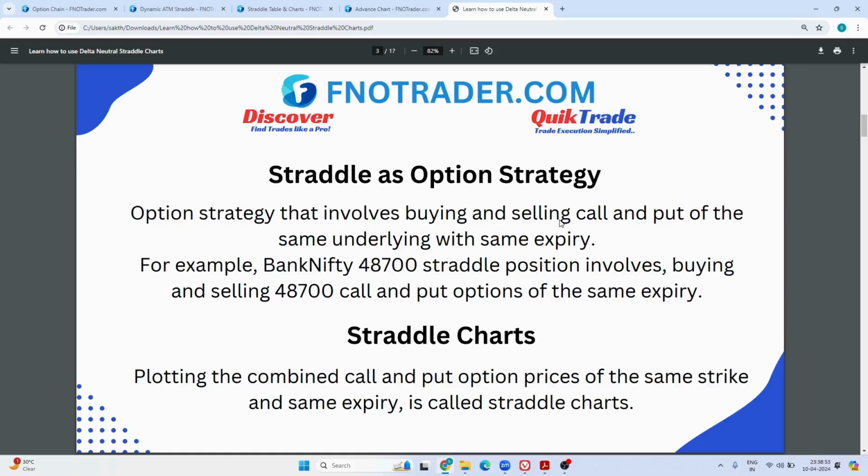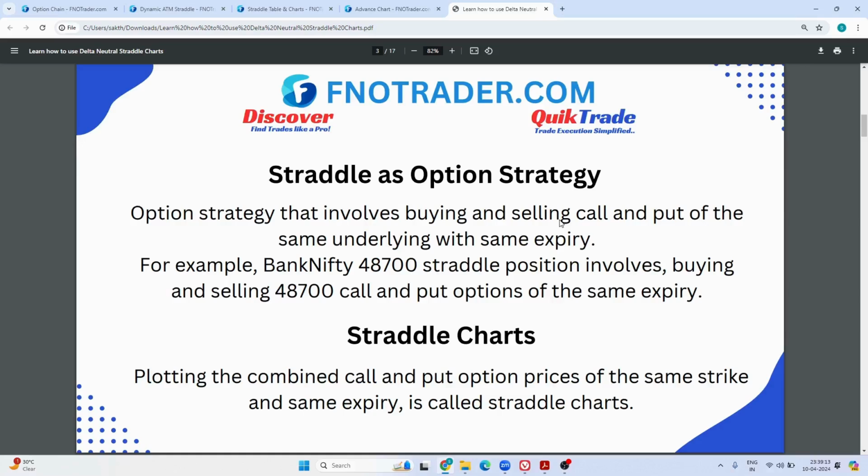For example, for a Bank Nifty 48,700 straddle position, we buy the 48,700 call and buy the 48,700 put, or sell the 48,700 call and sell the 48,700 put of the same expiry. This is what we call a straddle.